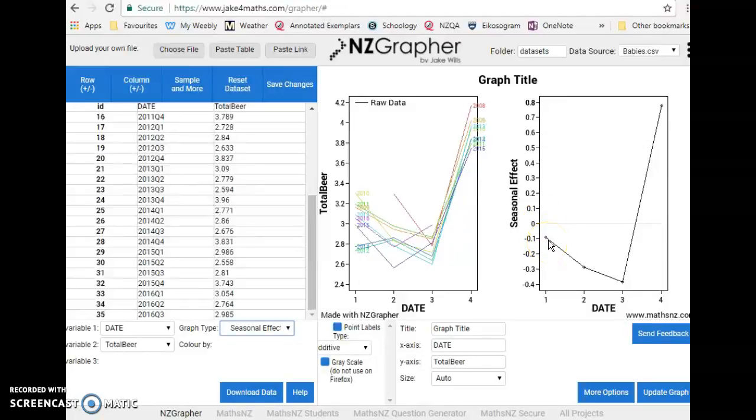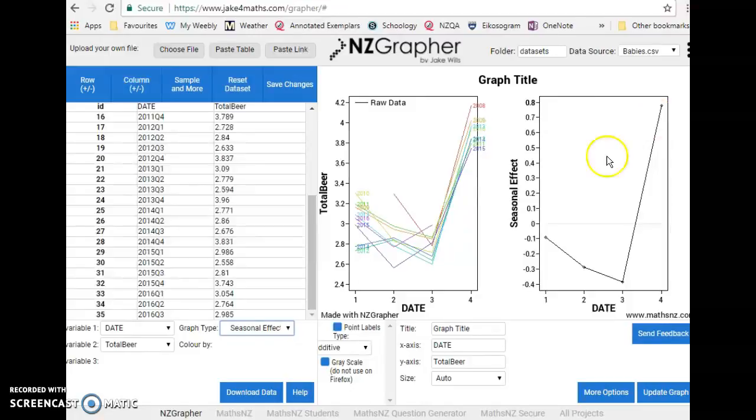Every first quarter of every year, on average, we're 0.1 million litres below the trend line. Quarter 2, we're 0.3 million litres below the trend. Quarter 3, we're 0.4, and quarter 4, we're actually 0.8 million litres above the trend.